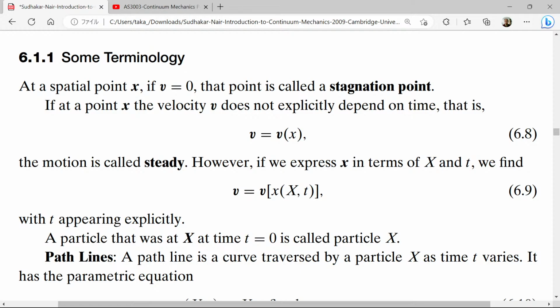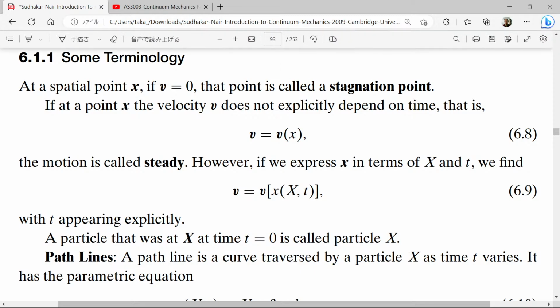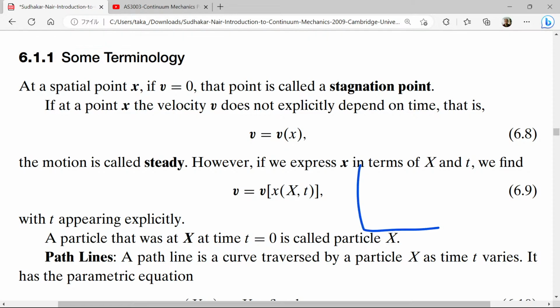Maybe it is like this. You have x, x1, x2, and then you go from one point to another point. For example, this is t equals 0, and this is t equals t.